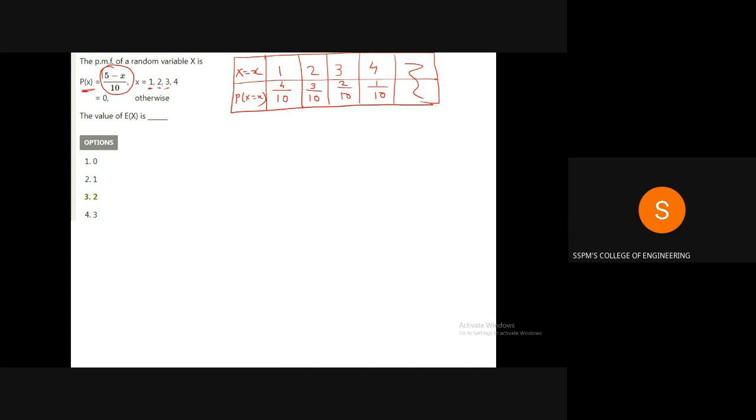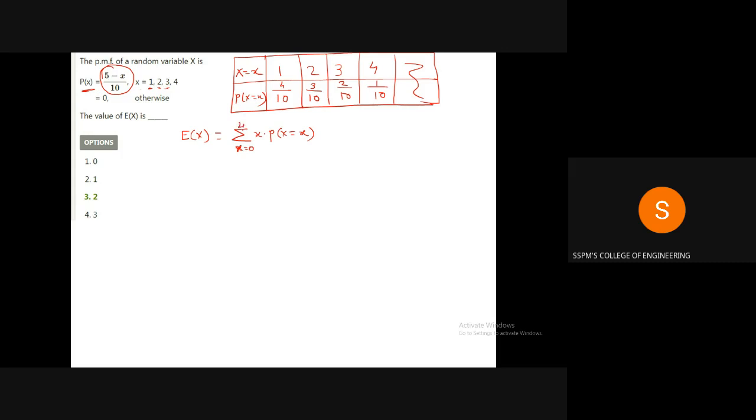So that is the probability distribution of the given random variable. Now we have to find the value of expectation of x. We have to remember the formula to find the expectation of x. It is given by the summation of x into p of x, where x goes from 0 to whatever is given in the equation.